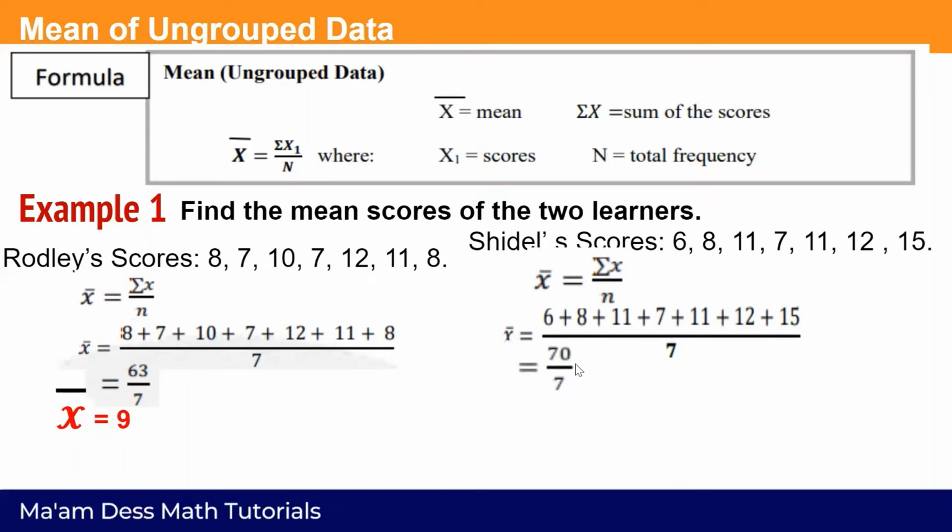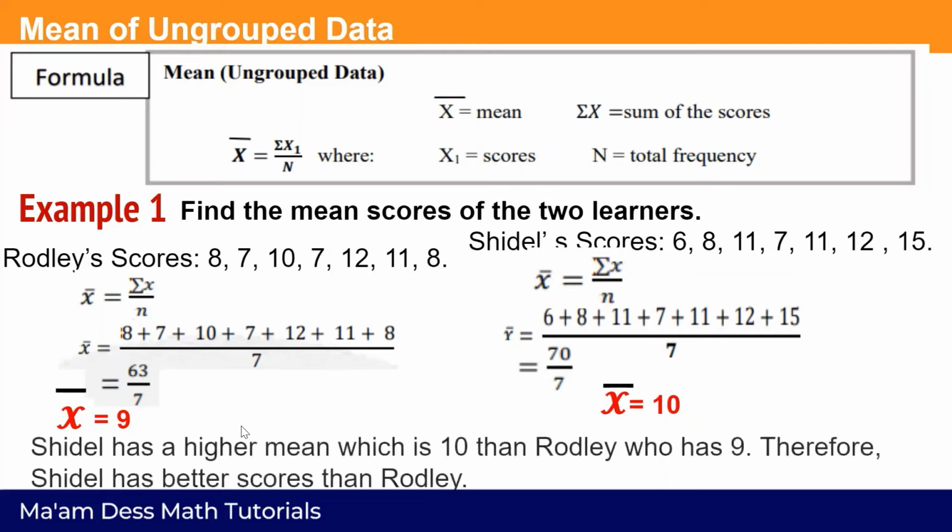So we have 70 divided by 7, the mean is equal to 10. From these answers, you can now compare Rodley's scores and Shaidel's scores. Whose scores are better? Shaidel has a higher mean, which is 10, than Rodley, who has 9. Therefore, Shaidel has better scores than Rodley.